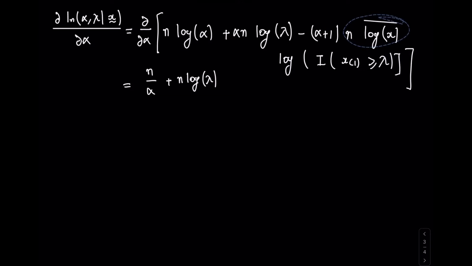So when differentiated, we again just get that constant. But in this case, the constant has a negative out the front, so I'm going to write n log x bar. And then the final term here, we note, actually doesn't depend on alpha at all. So we can just ignore it, and it disappears to 0.